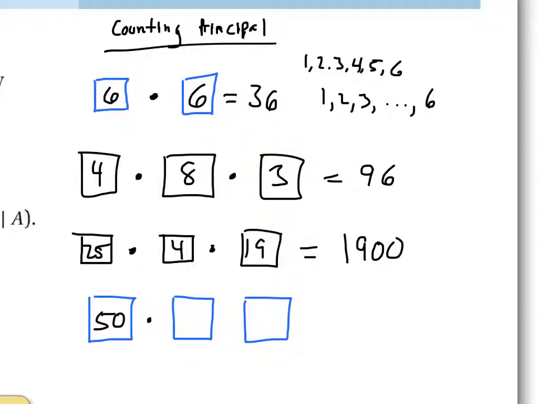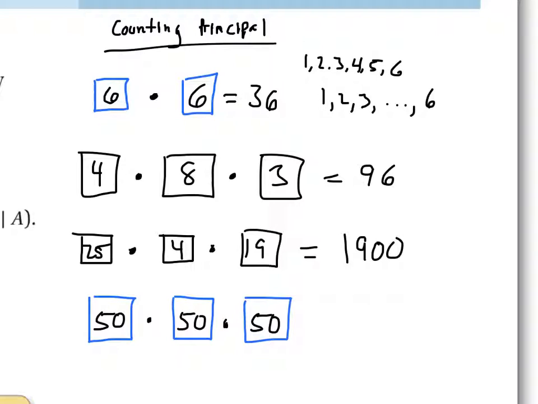Now, can you repeat numbers in your combination? Yeah, of course. It's possible to have the combination 0, 0, 0. Okay? So there are still 50 numbers to choose from for the second number in your combination. And again, there's 50 numbers to choose from in the third number. So we have 3 numbers in our combination. Each one has a choice of 50 numbers.